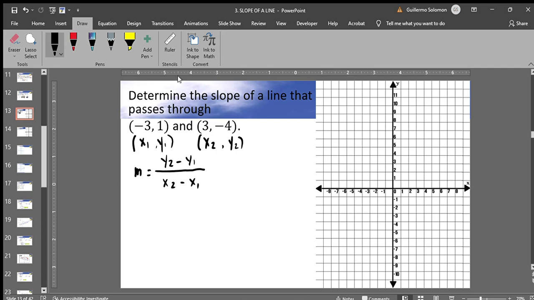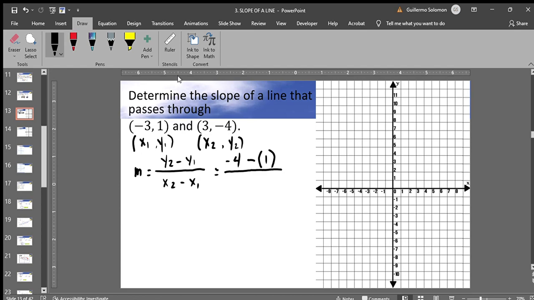Next, let us substitute all the given values into our formula. Our y sub 2 is negative 4, and then write minus, and then open parenthesis, write positive 1, then close it.